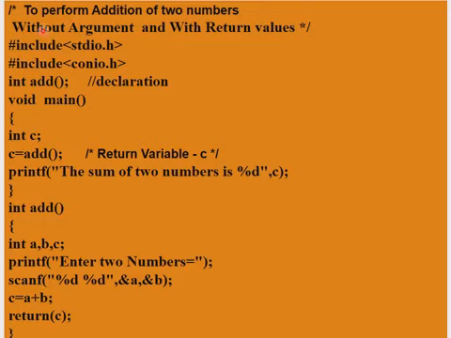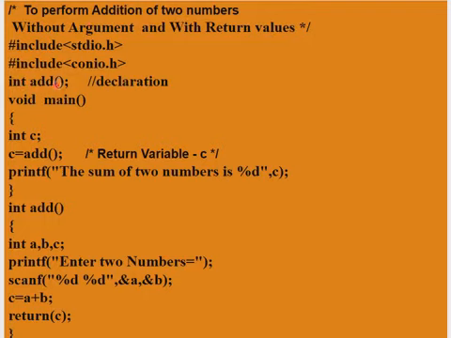Now we will see the third category of our function, that is, without arguments but with return values. That means the function will return a value but it does not have arguments. The same example we will follow here. We have declared the function called integer add.